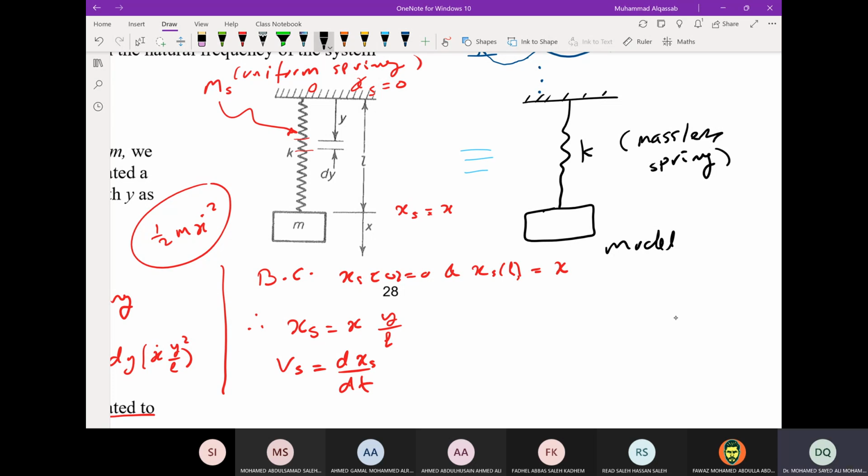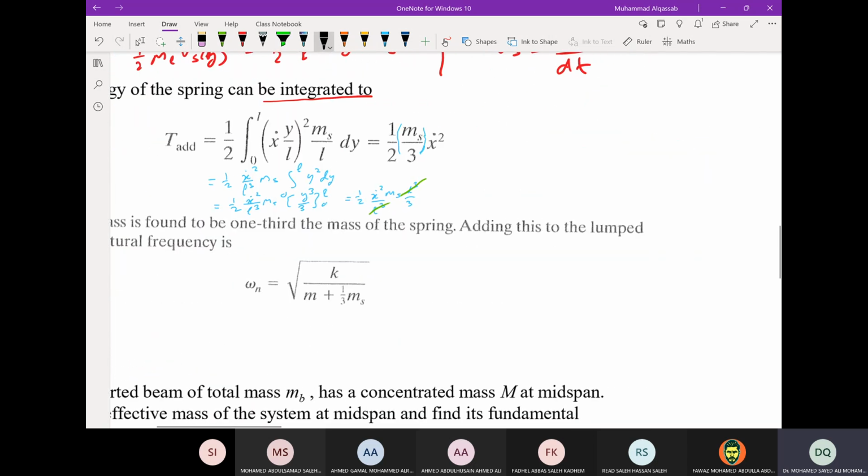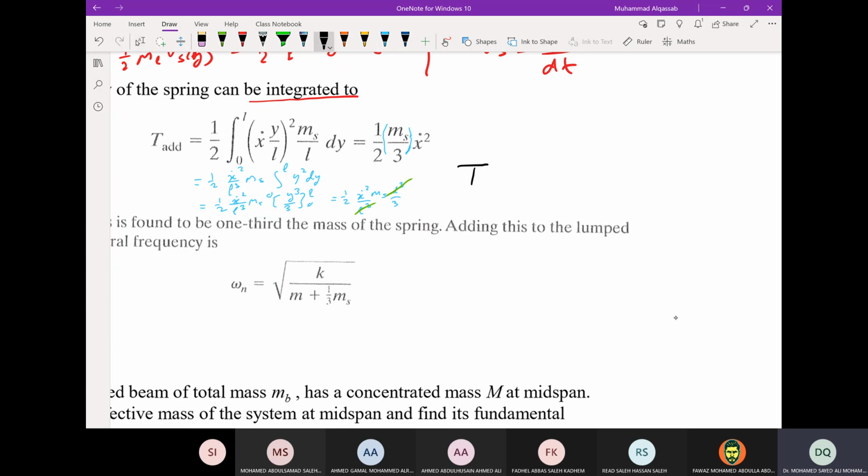And this mass is m plus the added mass, which is called m effective. What is m effective? When you add the total kinetic energy, it will be 1 over 2 m x dot squared for the mass plus 1 over 2 ms over 3 x dot squared.